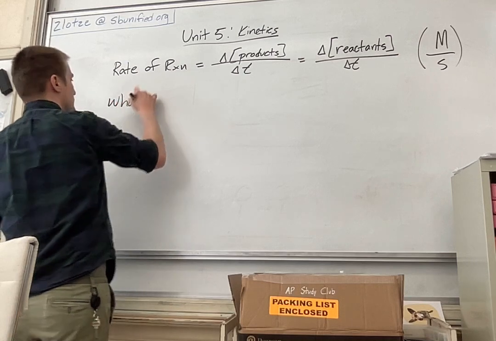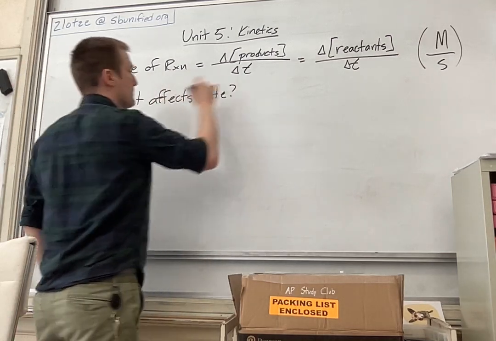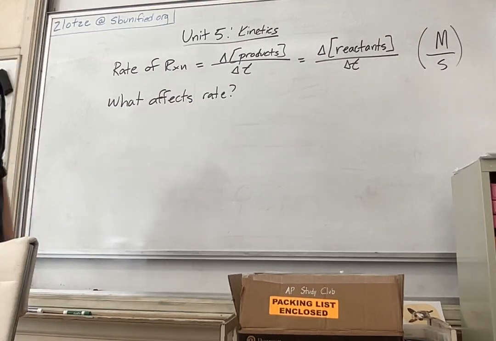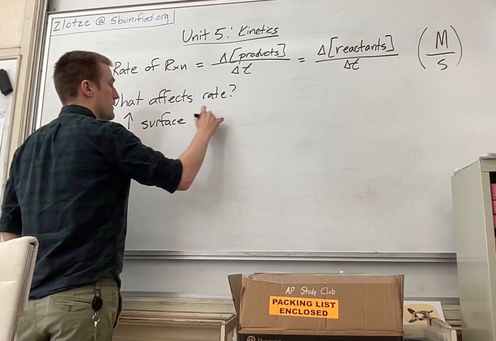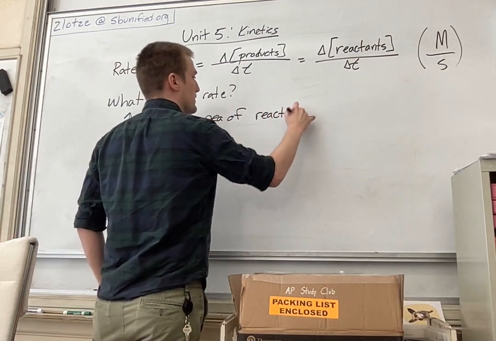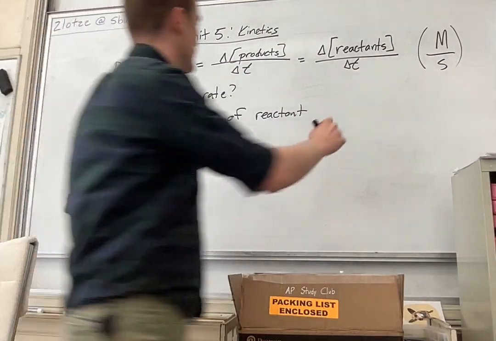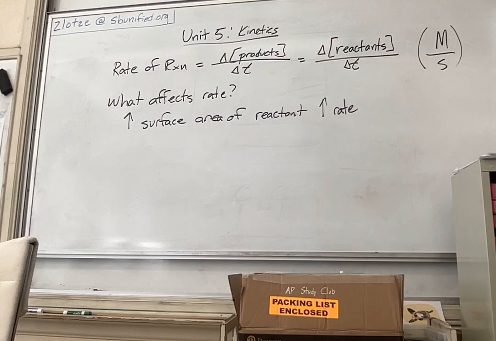What affects the rate, just at the particle level, is determined by the particles having to collide, right? So, increased surface area of the reactant: if you have a solid and you crush it into a powder, that increases the rate because there are more places for the particles to hit.